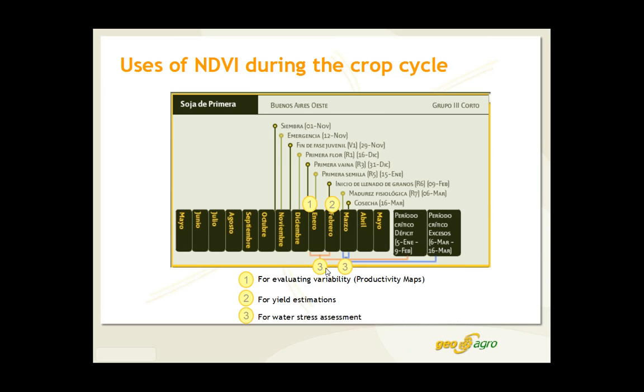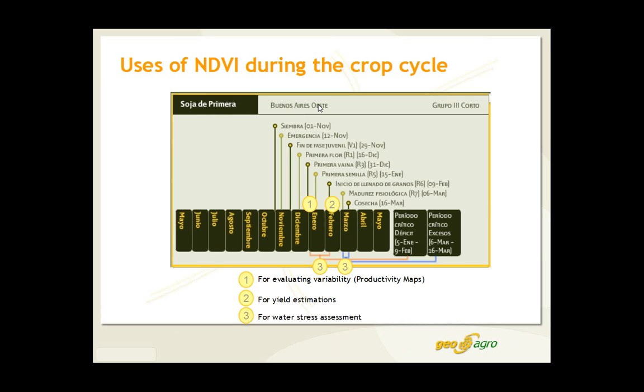This figure was taken from the Risk Management Agency in Argentina, and they have, for instance, different areas with different crop cycles. Sorry about the Spanish, I didn't have time to translate, but it's right from the source.